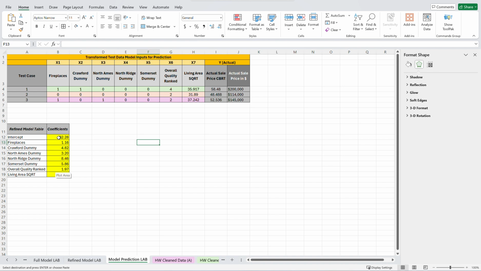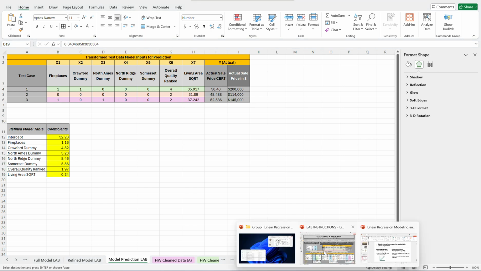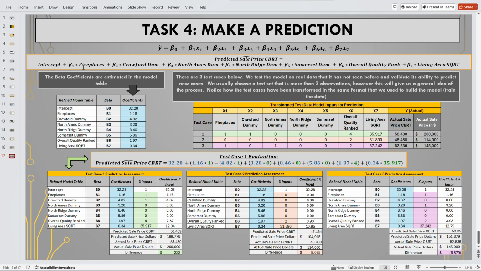Again, this is beta coefficient B0, this is B1, B2, B3, B4, B5, B6, and B7 in that model equation. Those coefficients are what are input for those beta values here in your model equation.